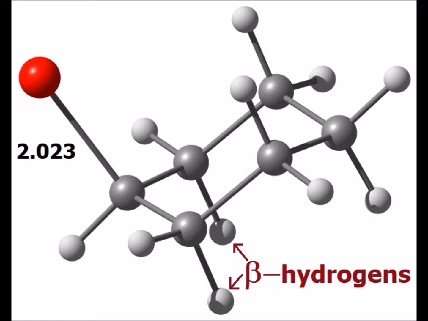We mentioned in passing that when we have a halogen in the axial conformation, then we have two adjacent beta hydrogens that are anti-periplanar, thereby enabling E2 elimination reactions. We actually have the right orientation of the beta hydrogens, but only when the halogen is in the axial conformation.